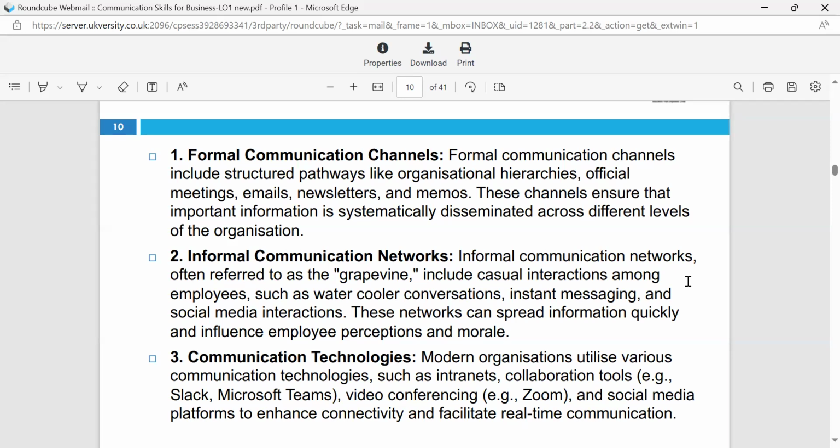It could be a casual conversation between co-workers, social media interactions, or any sort of discussions. That's informal. It's more casual, isn't it? And it is unofficial in nature. It's based on informal social relationships in a workplace outside of the normal.